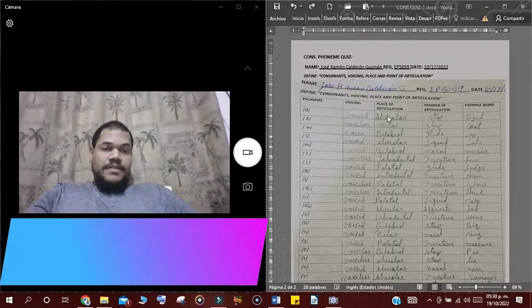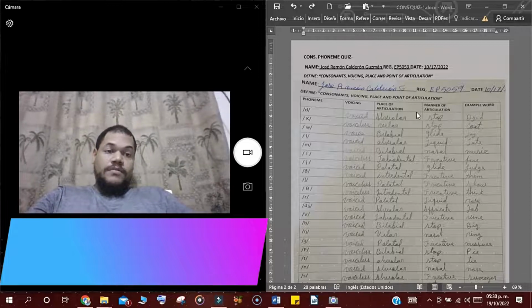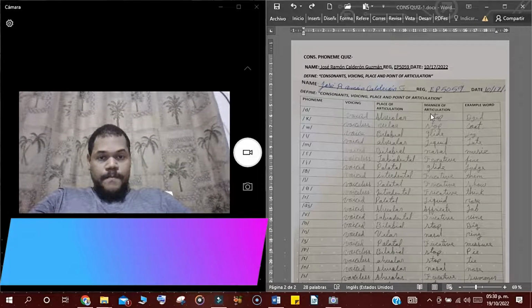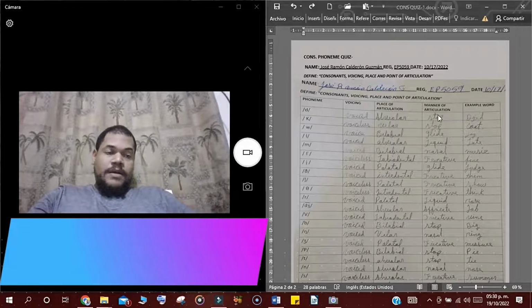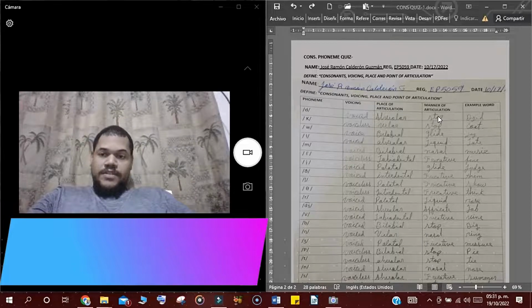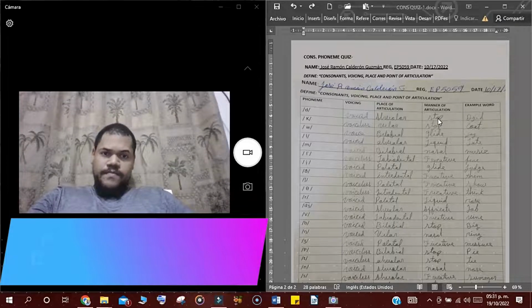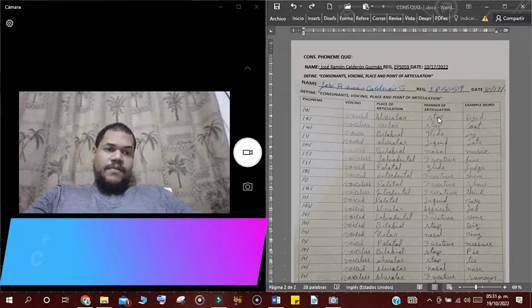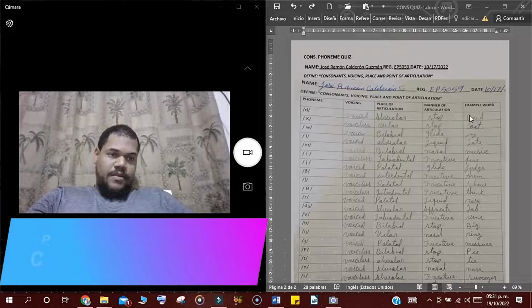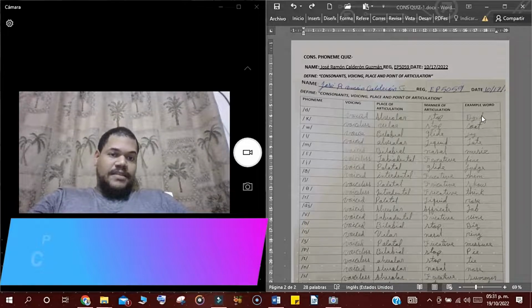According to the manner of articulation, this is a stop. That is to say, the airflow that comes from the lungs to the vocal tract is blocked for a while, and then it is released in a plosive manner. An example of that is the word die, died.